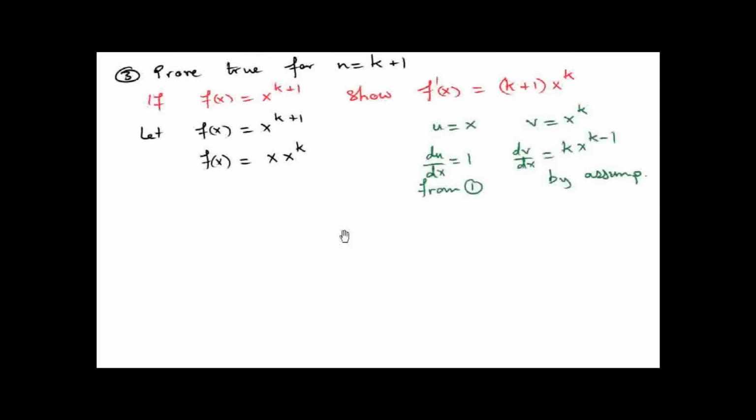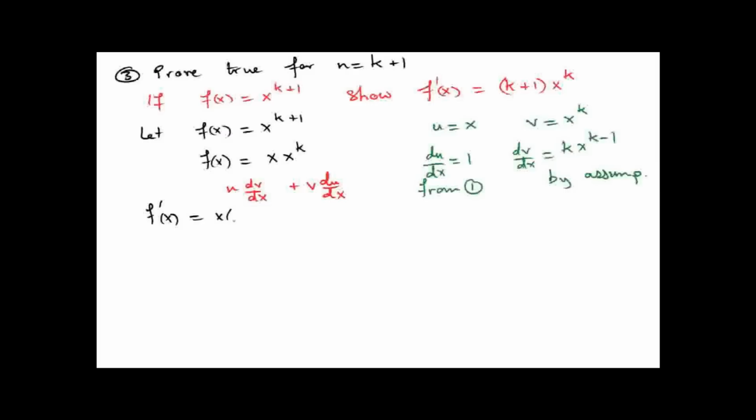Now, what is the product rule? Absolutely. The formula is u dv dx plus v du dx. So for the first bit, what two things am I multiplying? U dv dx, I'm multiplying x by kx to the power of k minus 1.